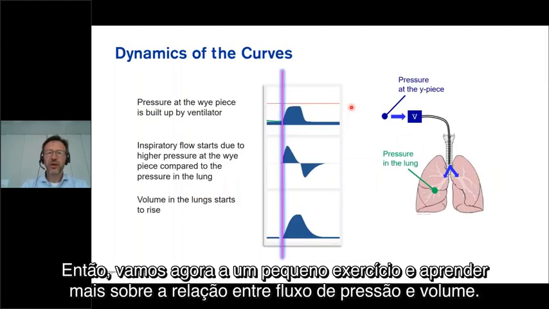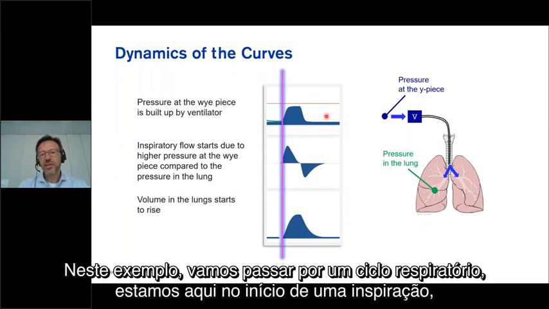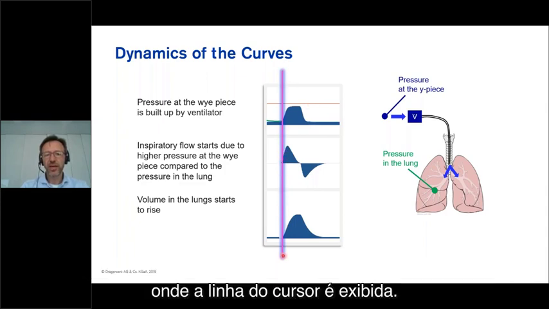Let us come now to a small exercise to learn more about the relationship between pressure, flow, and volume. In this example, we will go through one respiratory cycle. We are currently at the beginning of an inspiration where the cursor line is displayed.